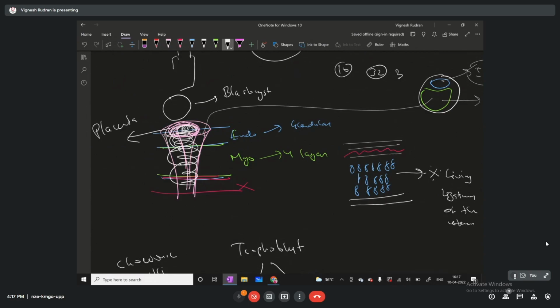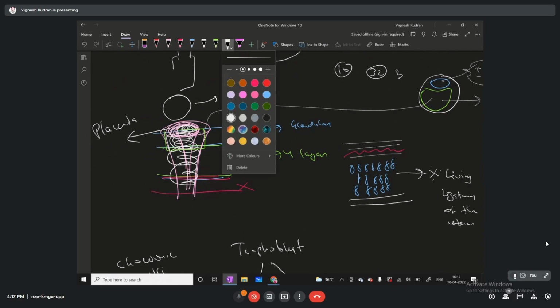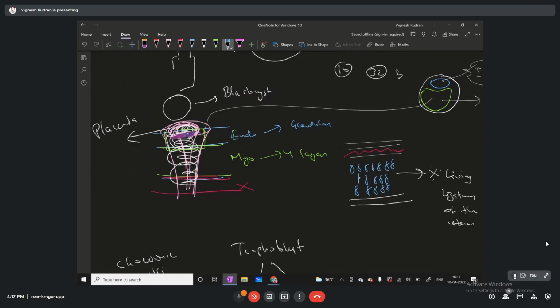Okay, so you see this lake over here, right? You see this area over here, right? This is where there is mixing of fetal and maternal blood. So this is the placenta.